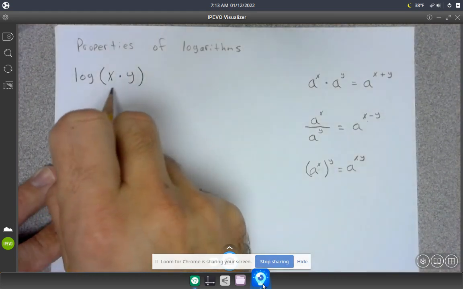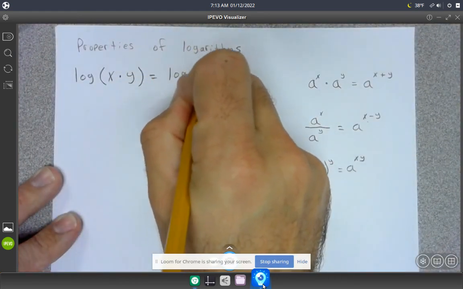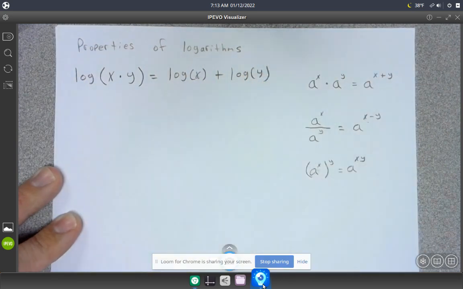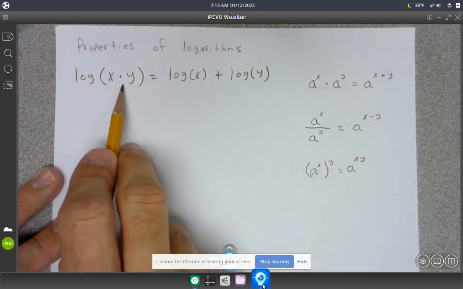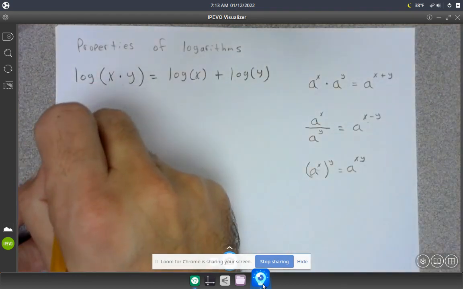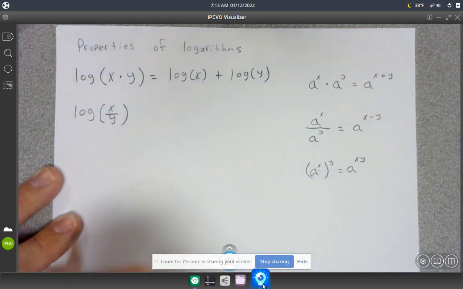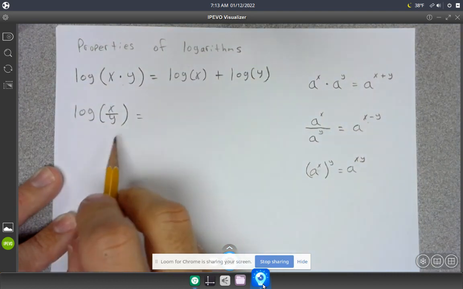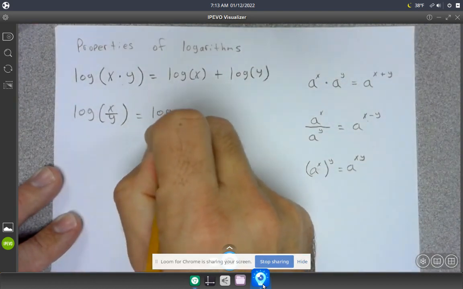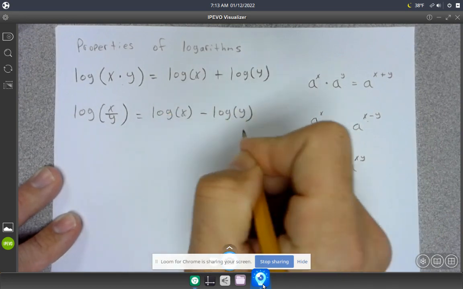So the log of a product ends up equaling the sum of the logs of each of the factors. So if you have a product, you could separate that into a sum. If you have the log of a quotient, division, you can rewrite this in terms of a subtraction instead of an addition. It's just equal to the log of x minus the log of y.